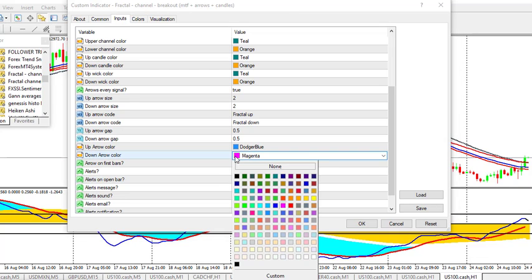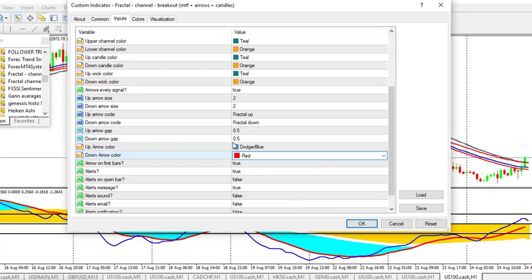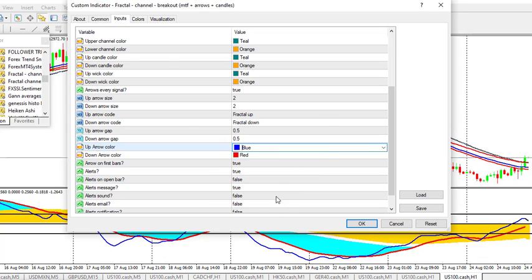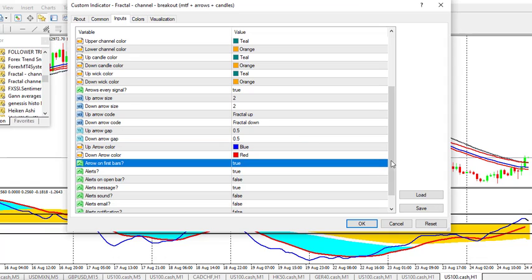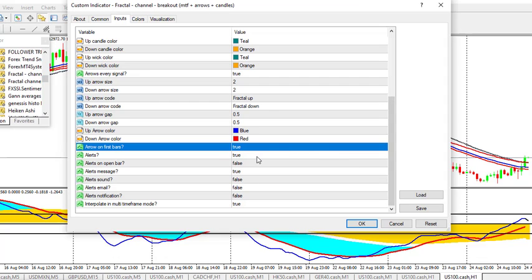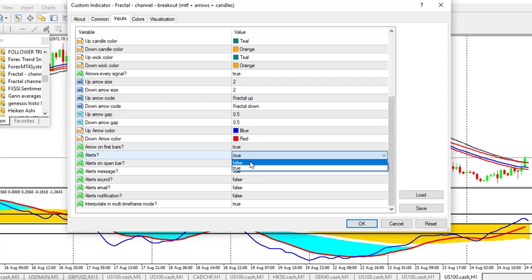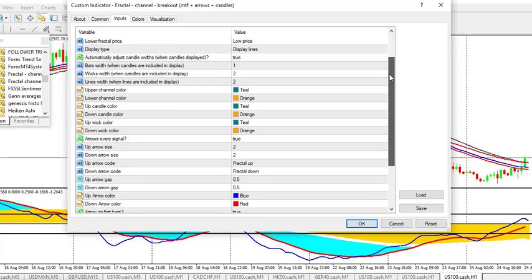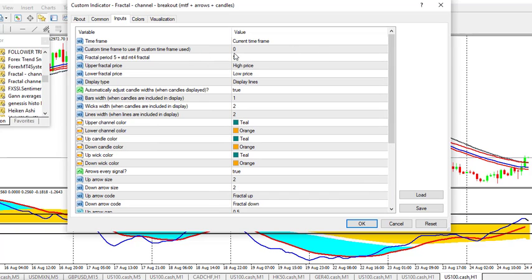I'm going to change this from magenta to red, and the arrow up I've changed the color to blue. So here are the settings for this particular indicator. Since I don't want the alert, I will turn it off. But if you need it, just leave it like that. So once you are done, just click OK.